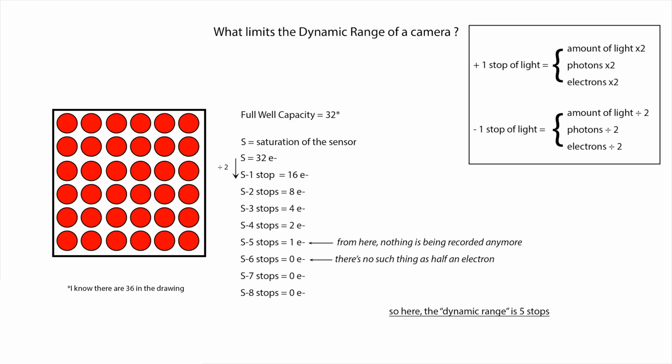And one object that is 6 stops darker wouldn't free any electrons at all. And basically the same thing would apply for an element that is 7 stops away from clipping, or 8 stops away, or pretty much anything beyond that. It wouldn't be recorded at all. We can say that by this step, the dynamic range of the sensor has ended. So in this case, where the full well capacity is 32 electrons, the maximum theoretical dynamic range is 5 stops.